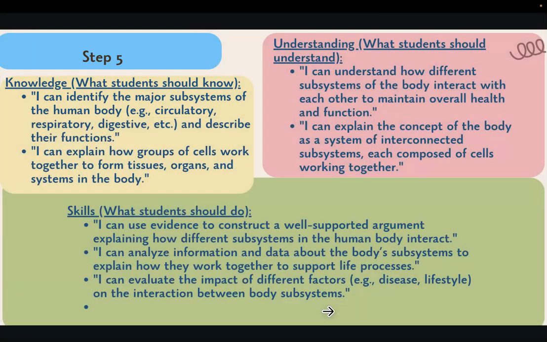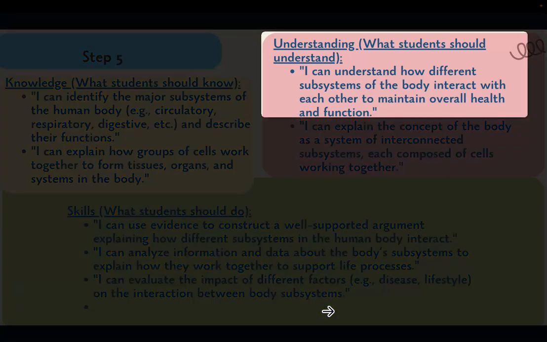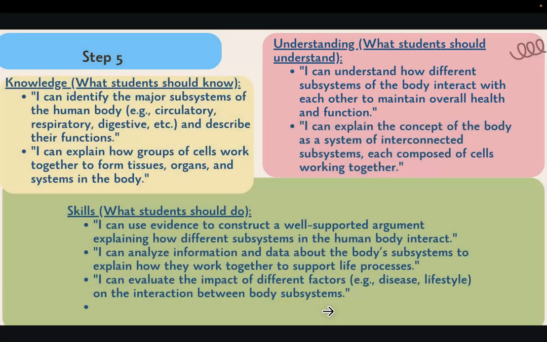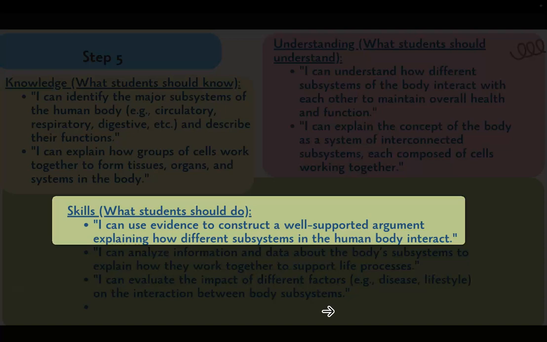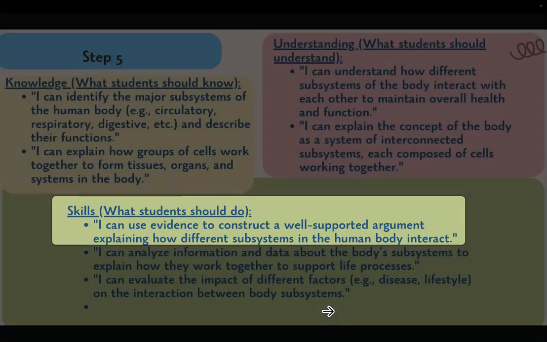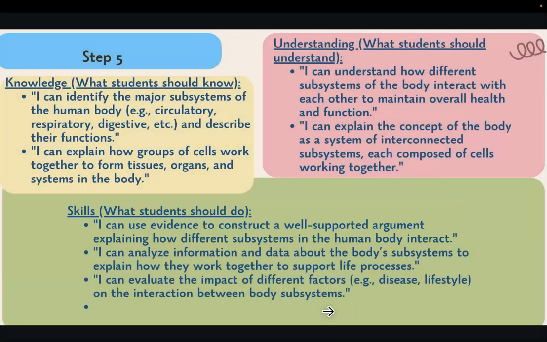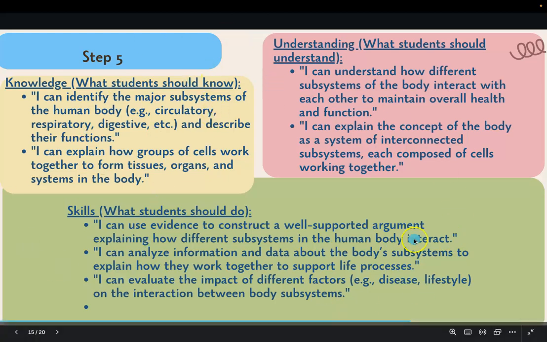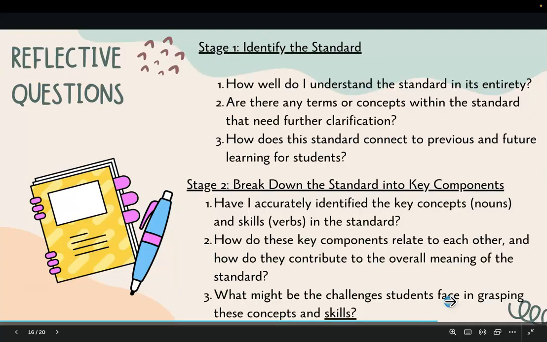What students should understand: I need them to understand how different subsystems interact with each other to maintain overall health and function. And then I have the skills. They must be able to use evidence to construct a well-supported argument, explaining how subsystems in the body interact. So I separate them now into the learning targets.